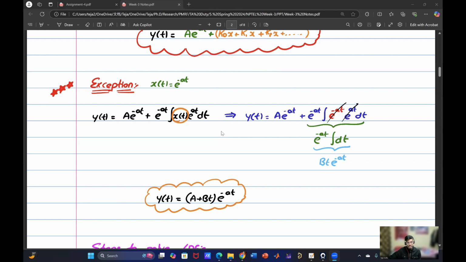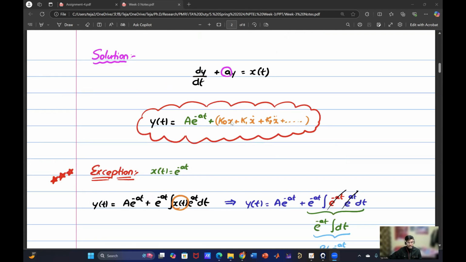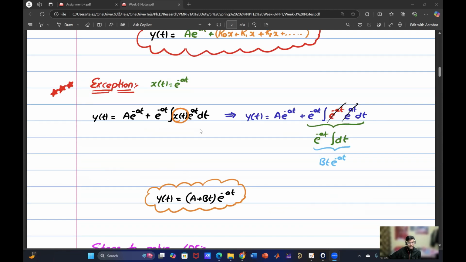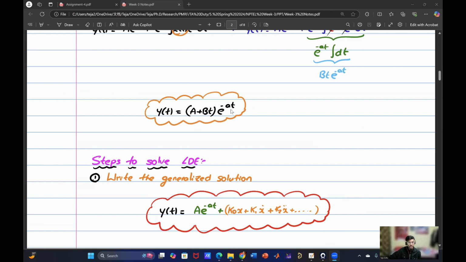First of all, good evening, Jnanendra Singh. It is not that we cannot differentiate it. It is that the solution we have gotten is not applicable, because once you substitute e to the power minus at, the differentiation of e to the power minus at is again e to the power minus at, so overall it can be written as some constant k into e to the power minus at. But once you actually differentiate and solve, you will get a plus bt into e to the power minus at.